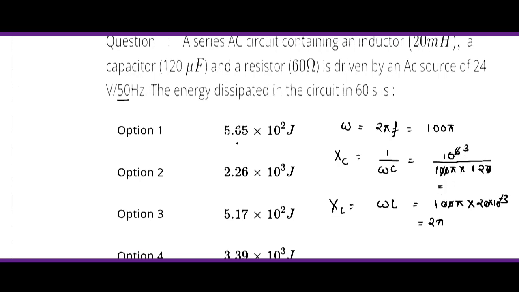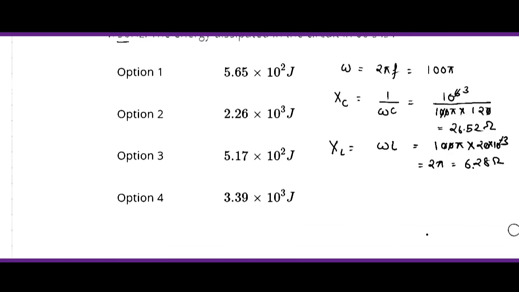So now you can get the Z value. I will write down Z is equal to under root of R square plus XC minus XL whole square.